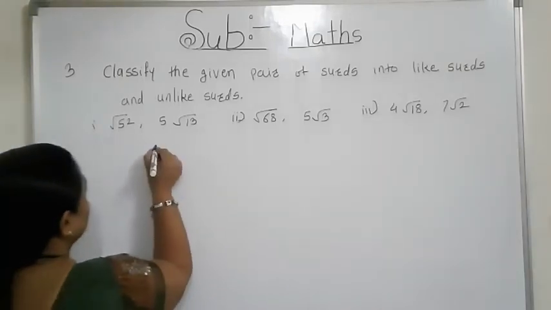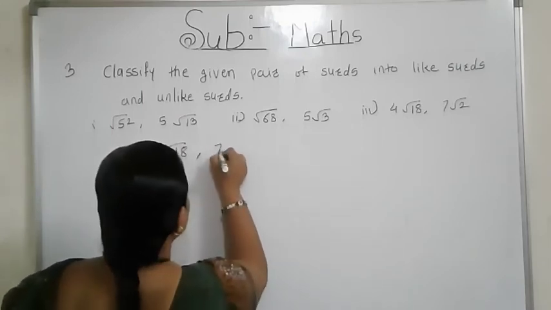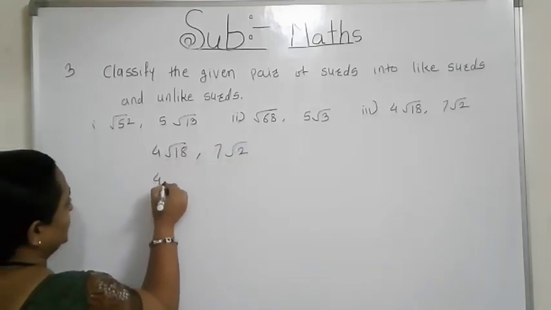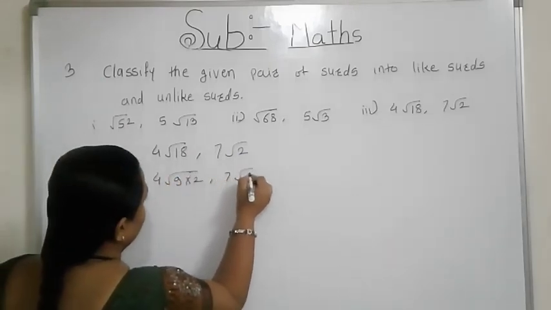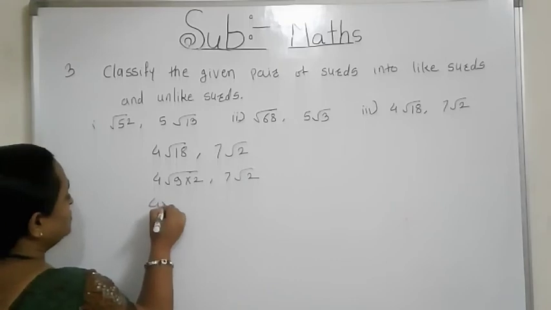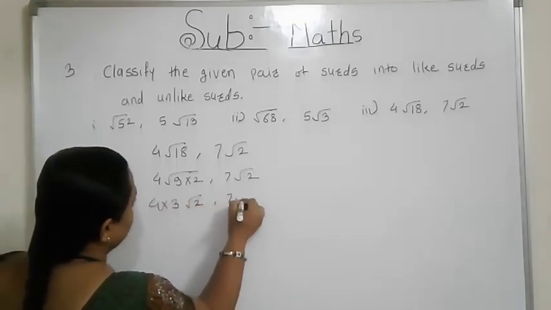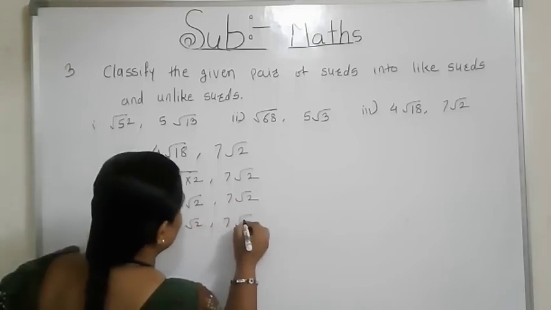Next, the third example: 4 root 18 and 7 root 2. Again you have to take the simplest form. Root 18 is root of 9 into 2, and square root of 9 is 3, so root 18 is 3 root 2. Then 4 into 3 root 2 is 12 root 2, and 7 root 2.